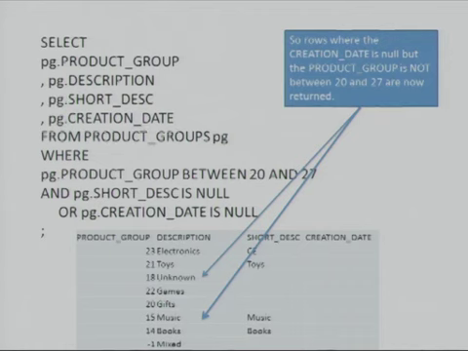And so we get results like these, where the product group isn't between 20 and 27, but the creation date is null, and so that row is returned. So when you're working with ors, not so much with the and, if all your conditions are and this and that, but if you start doing multiple conditions that use the or, then you start to maybe think about how those need to be grouped with parentheses.